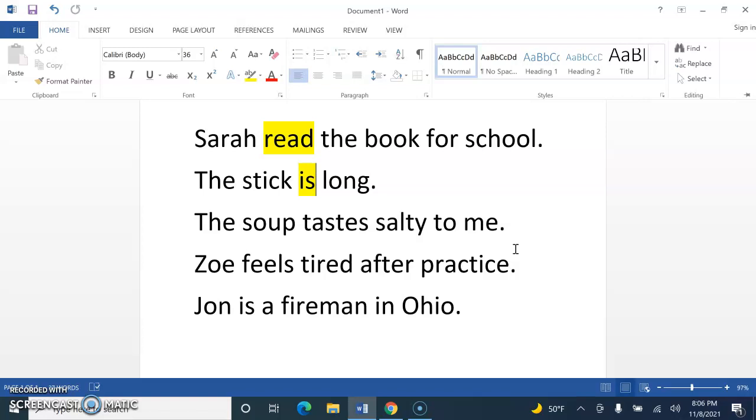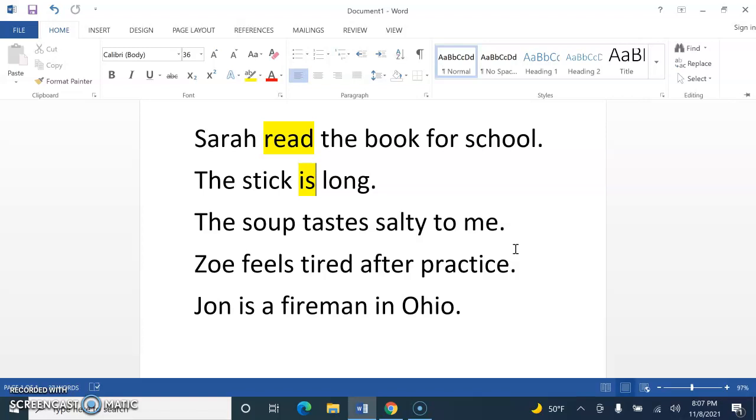If you keep reading on page 83, it says a predicate noun renames the subject. It says here, Tara is a player for the Bears. So player is another noun, and it renames who Tara is.